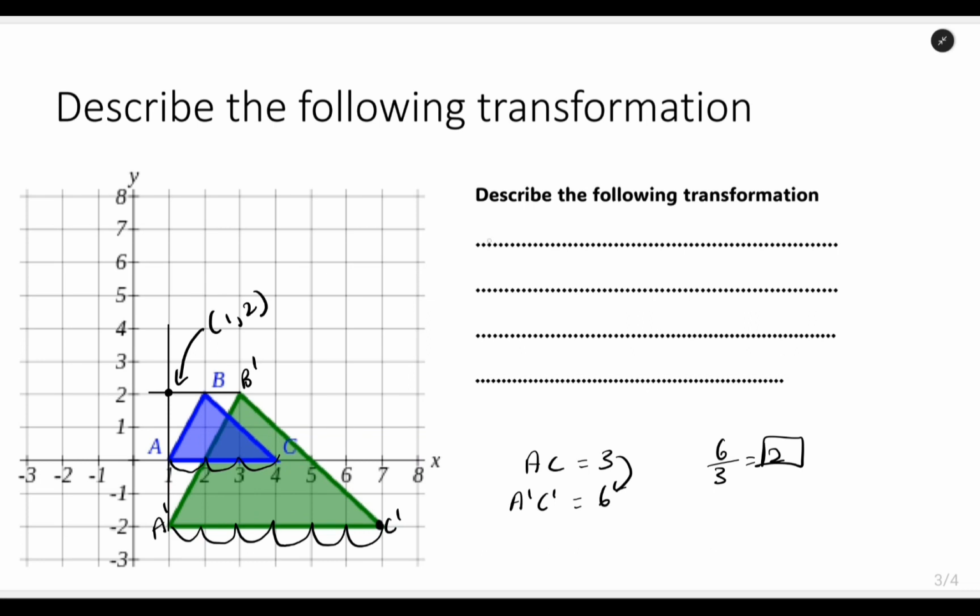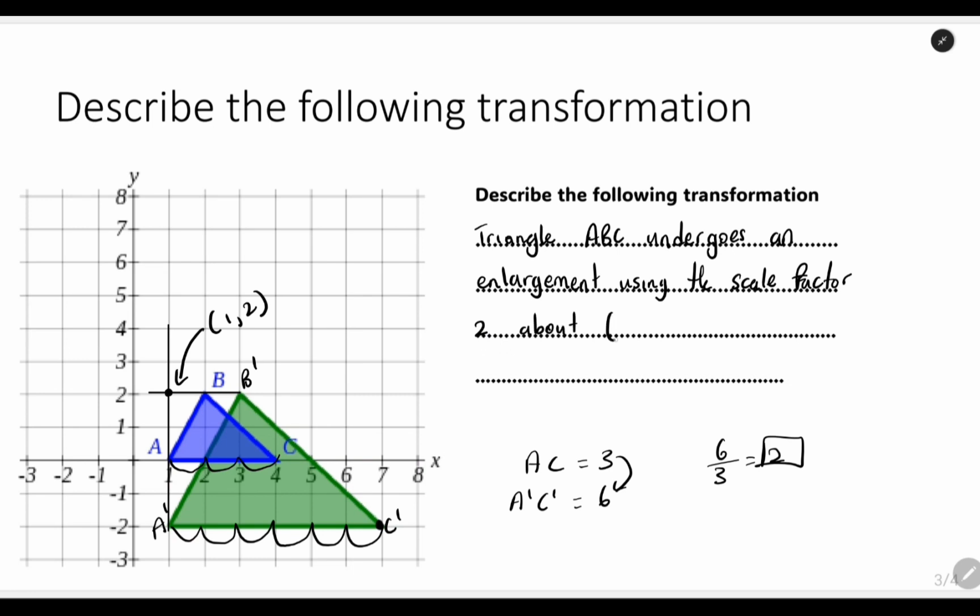So we'll say triangle ABC undergoes an enlargement using the scale factor 2 about the point 1, 2 onto A prime, B prime, and C prime.